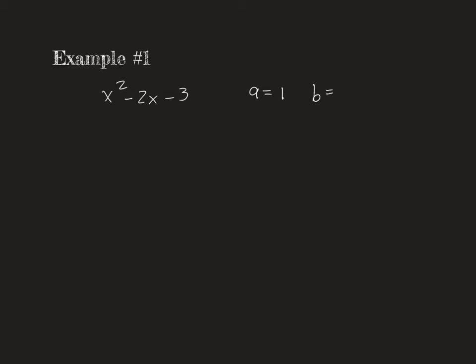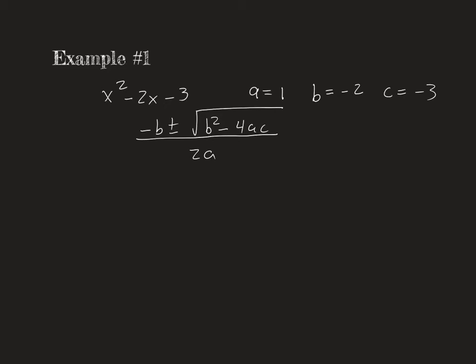B is going to be negative 2, and c is going to be negative 3. So we're going to write our formula: negative b plus or minus the square root of b squared minus 4ac all over 2a.